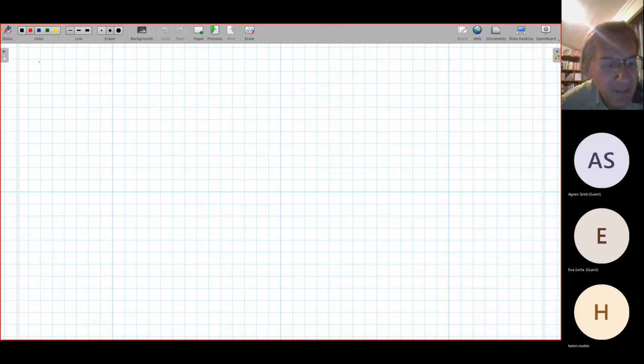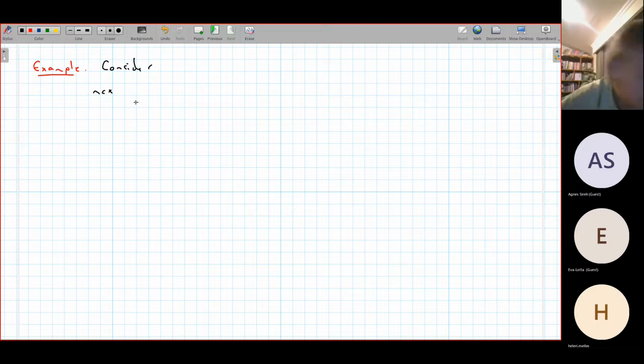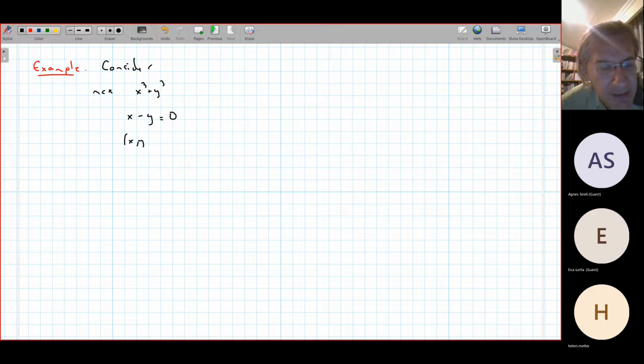Let's see one example. In this example, we're going to consider the following function. We are going to maximize the function x cubed plus y cubed. And we are going to consider the following restriction: x minus y is equal to 0, and x comma y is in R2.